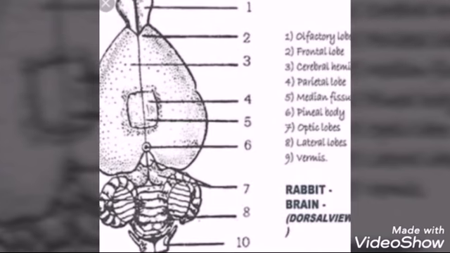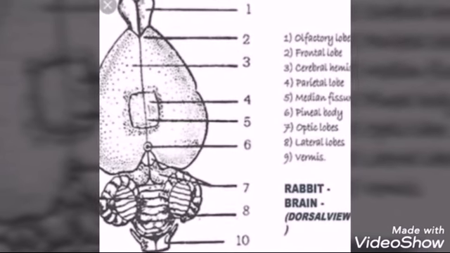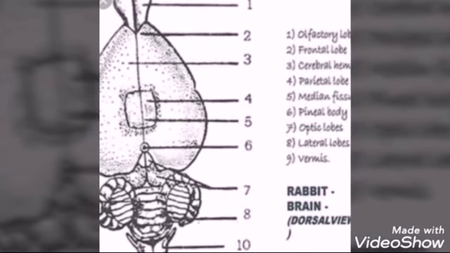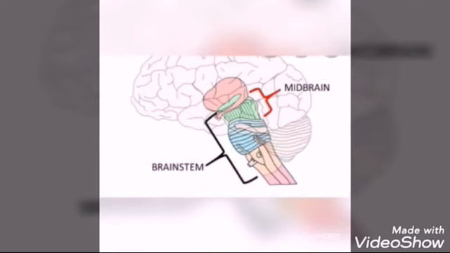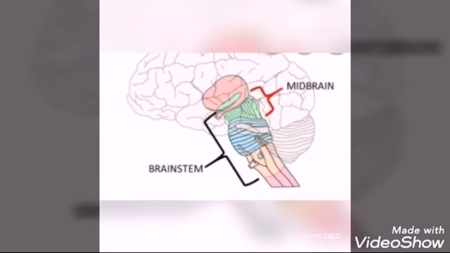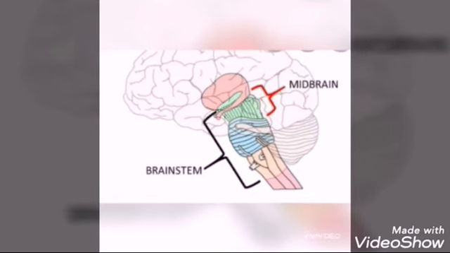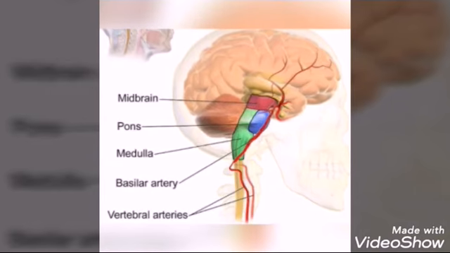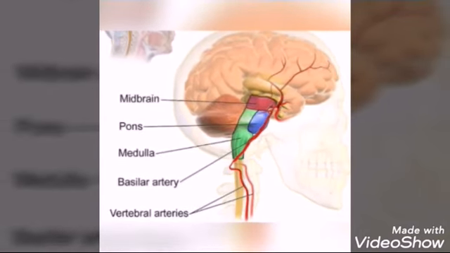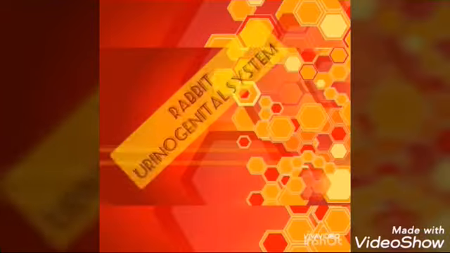The right and left cerebral hemispheres, the two hemispheres are connected by transverse band of nervous tissue called corpus callosum. Next one, midbrain. The midbrain includes optic lobes. Third one, the hindbrain includes cerebellum, pons varoli and medulla oblongata.